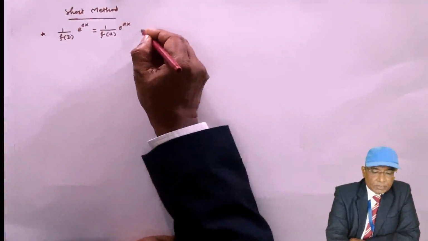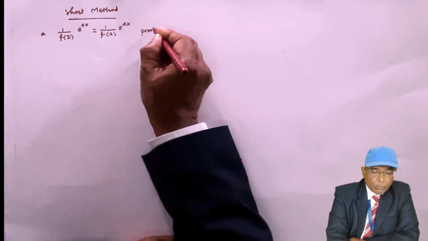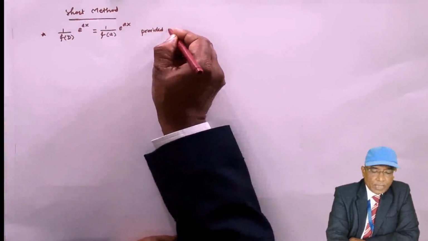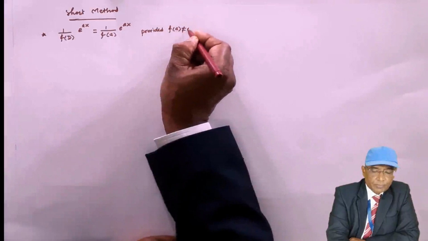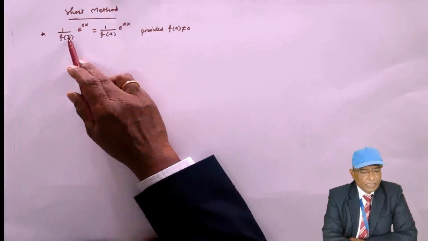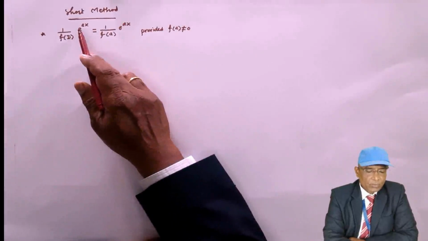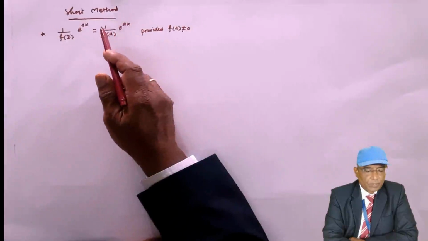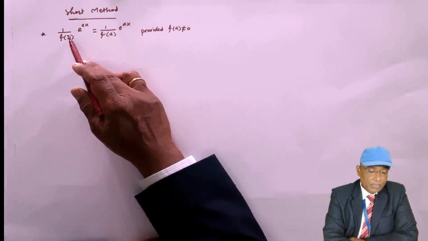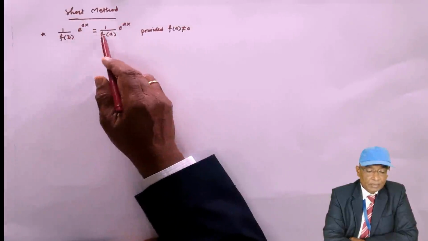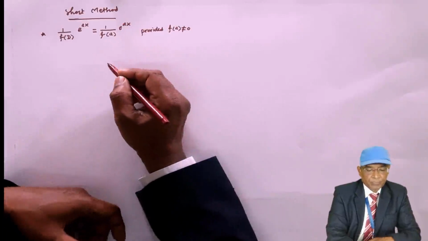But the important thing is that it is provided f of a, the denominator, is not equal to 0. You can directly substitute d equal to a and operate the operator. But in that case, after replacing d by a, you should not get 0 in the denominator.